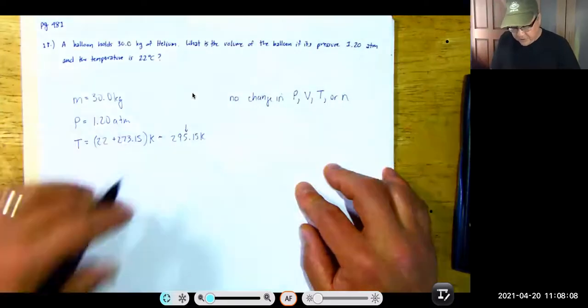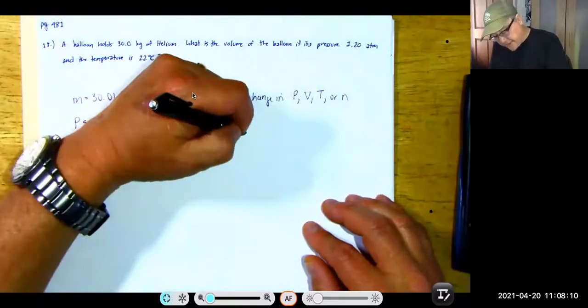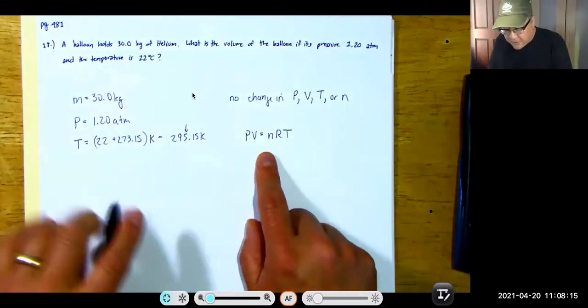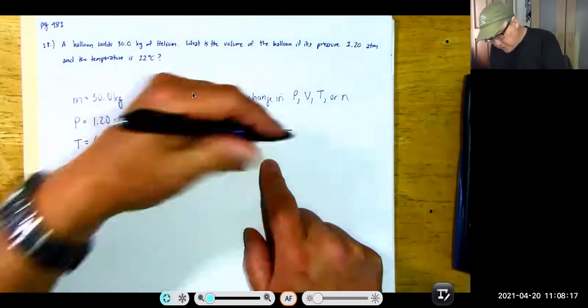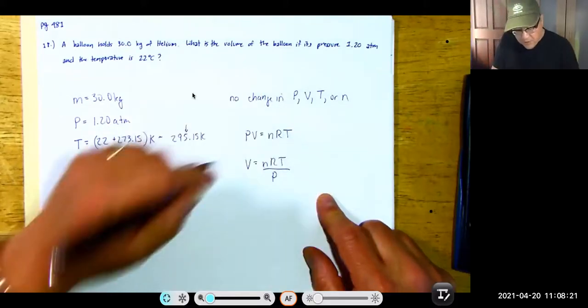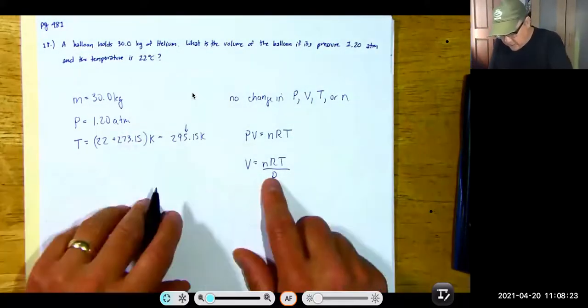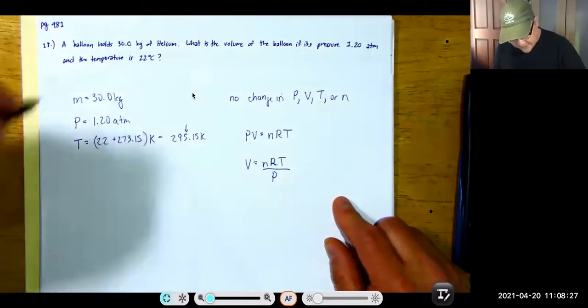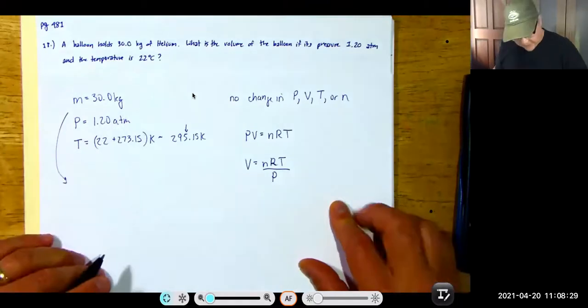So what do we do here? We use the ideal gas law. So here, we're supposed to figure out what volume. So the volume is nRT over P, and we don't have the moles of gas. We have the grams of gas. So we need to take this and convert that into moles of gas.